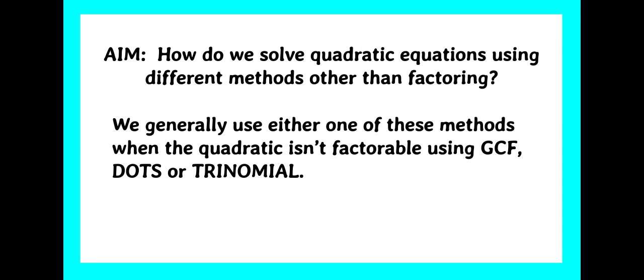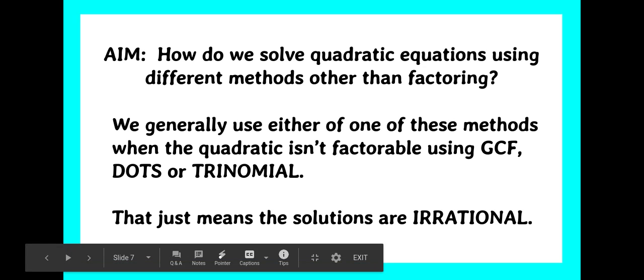We generally use one of these methods when a quadratic isn't factorable. Like I said before, people might use it all the time now. It doesn't matter what you use, it's just whatever you're comfortable with. But we use these when equations have solutions that are what we call irrational.